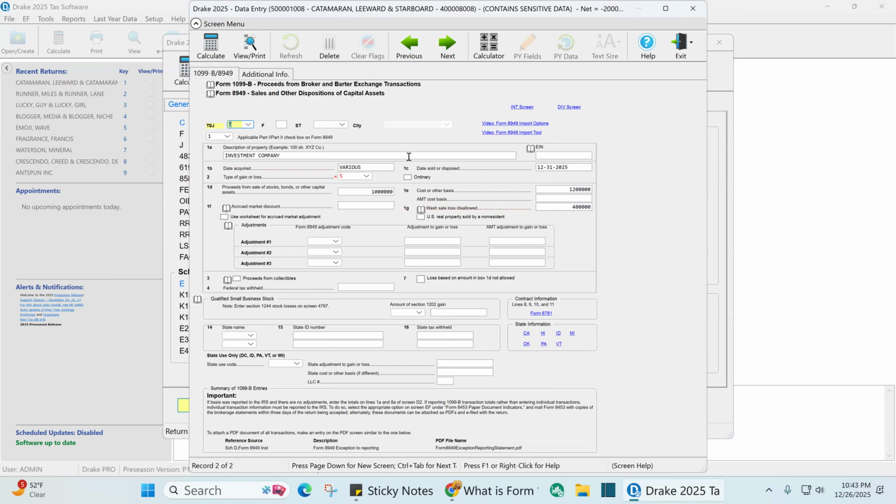Now, the second thing. I'm telling you, this is a very extreme case. They're day trading, and they sold at 1 million total. The cost basis is 1.2 million, so the loss is 200K. However, there's a 400K wash sale. What's going to happen?